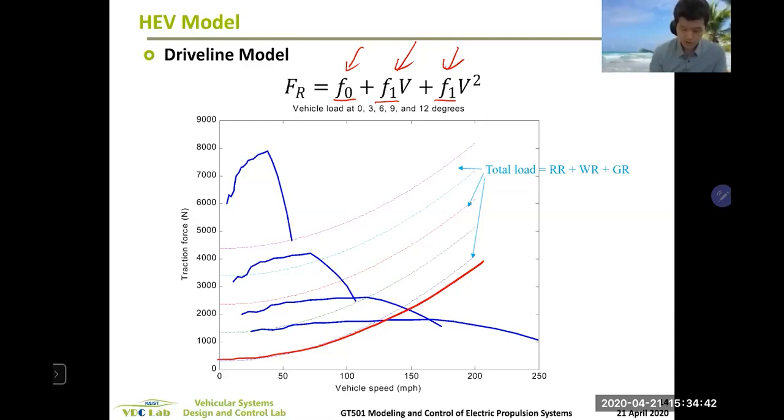And with increasing grade, slope, it increases. And by the way, obviously we want to minimize this term. I mean, we want to minimize all the terms, but these are very important, right? Oh, by the way, this is F2.